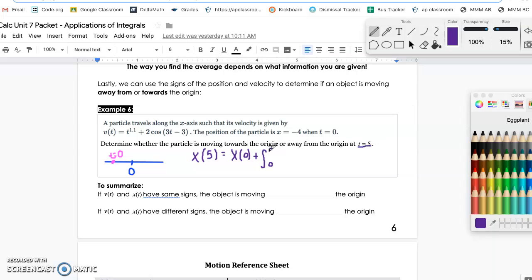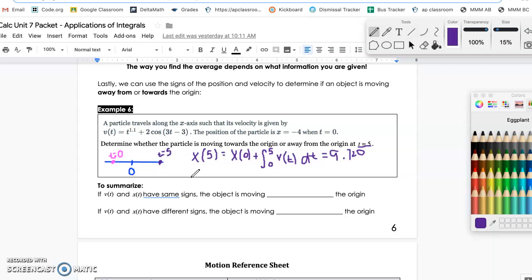So from 0 to 5 of v of t dt. When I do this, I'm going to get 9.720. So that means at time equal to 5, my particle is somewhere over here to the right of the origin.